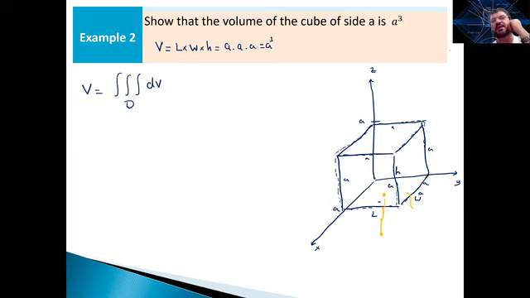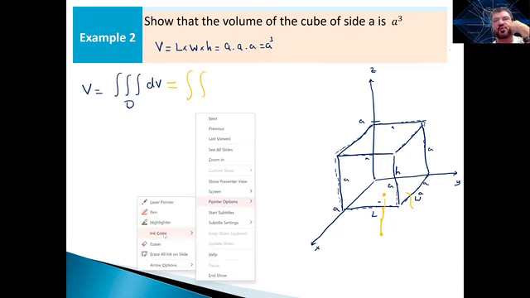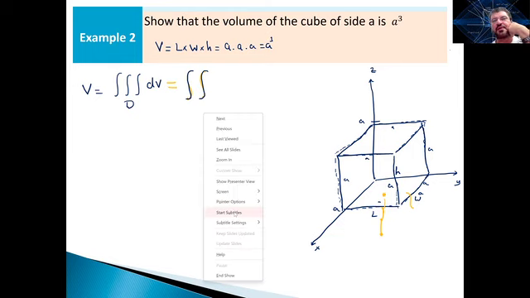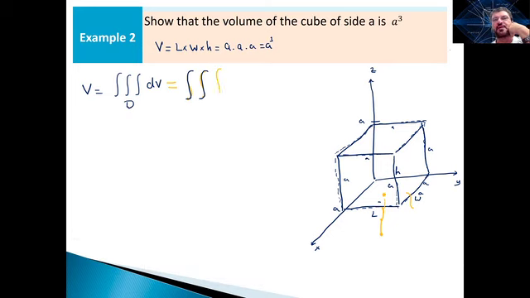If you ask yourself, so I'm going to start with saying this is equal to the first two integrations, or actually let's make the first two black. And the third one is dz.